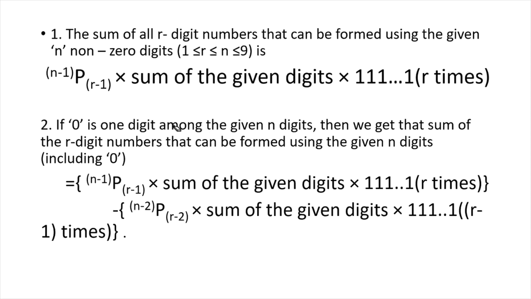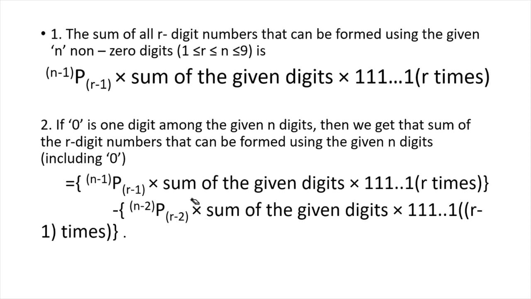Next, what happens if 0 is there? If 0 is there, we have this formula: (n minus 1)P(R minus 1) times the sum of the given digits times 1111, R times, minus (n minus 2)P(R minus 2) times the sum of the given digits times 11111, R minus 1 times. Why are we deleting this one? This term counts all R-digit numbers which start with 0, which is the same as saying R minus 1 digit numbers.